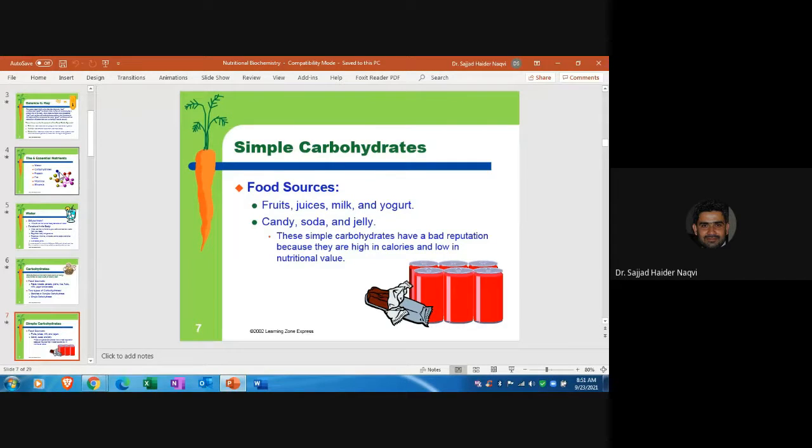So they do have monosaccharides and disaccharides, but their nutritional value is low and their caloric value is high. When it comes to your body weight, they play a major role in increasing body weight. That's why people try to keep themselves away from these simple carbs in their daily use.